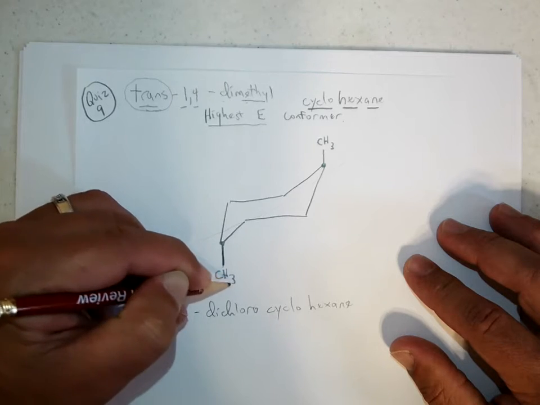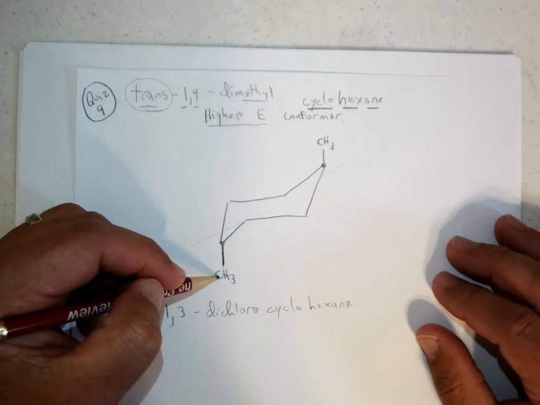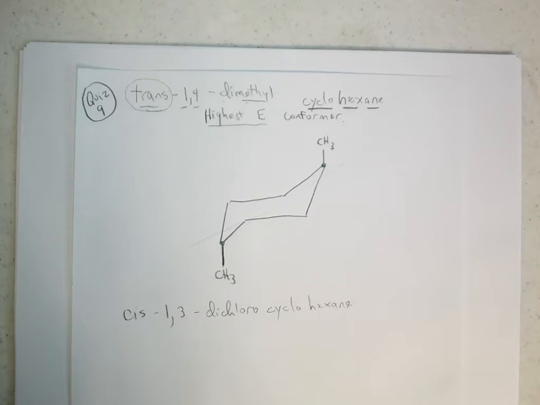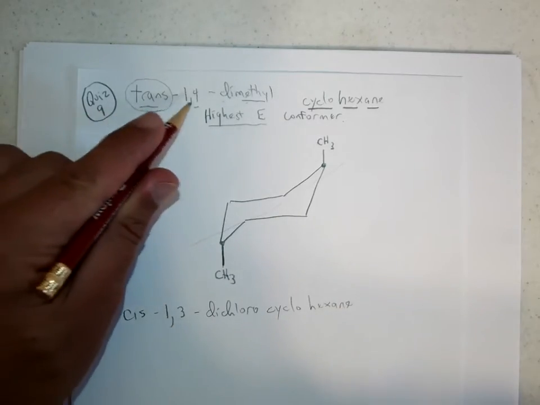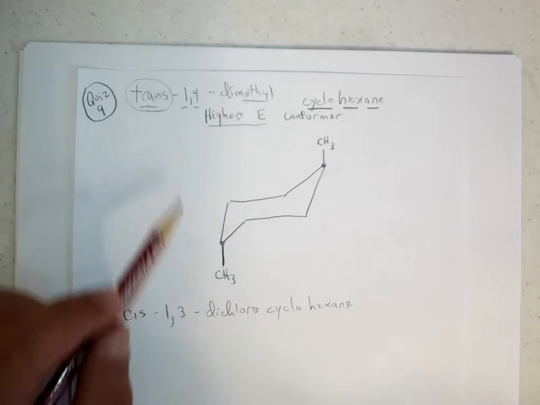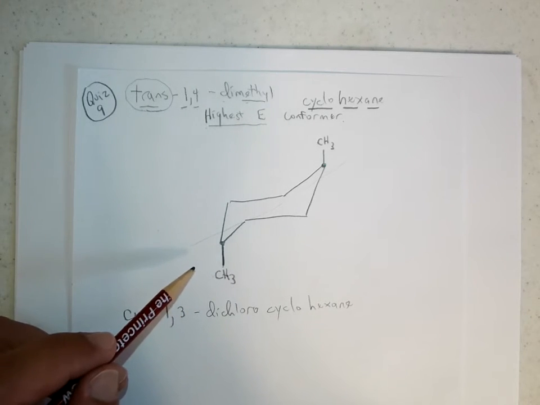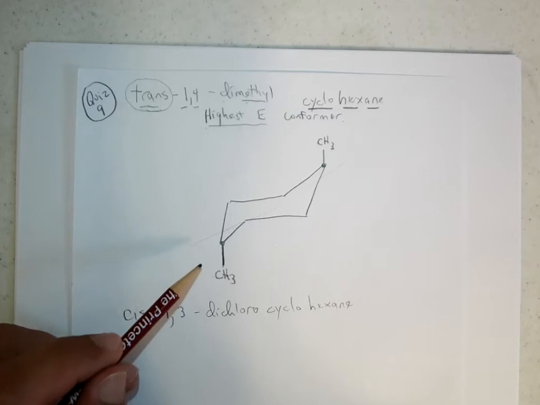So in this case, we are able to put both methyls in axial positions and have quite a high energy conformer. So the trans-1,4-dimethylcyclohexane highest energy conformer is the one where both methyls are in axial positions, because it is trans and it's higher energy.